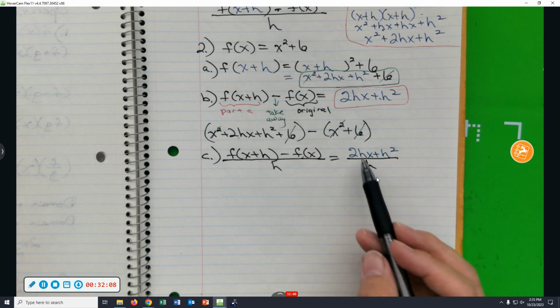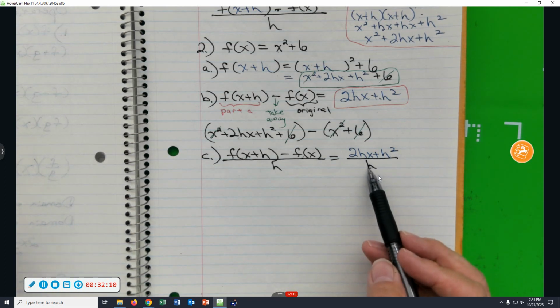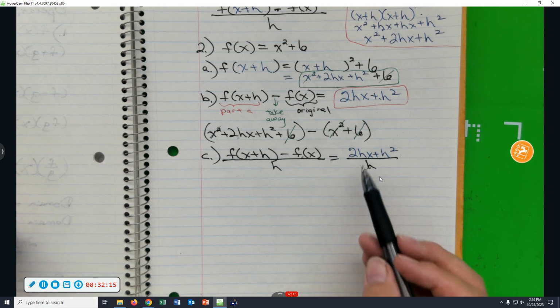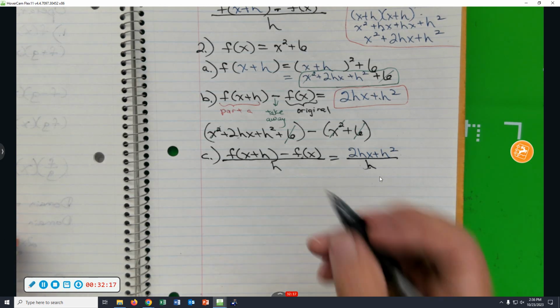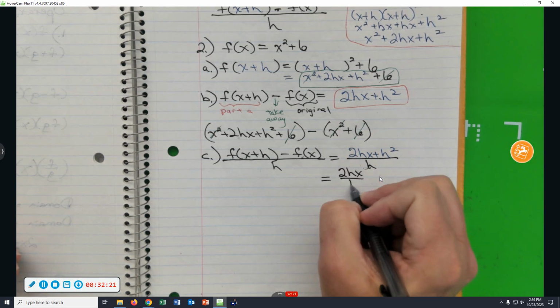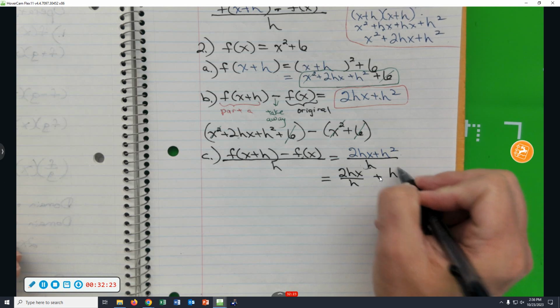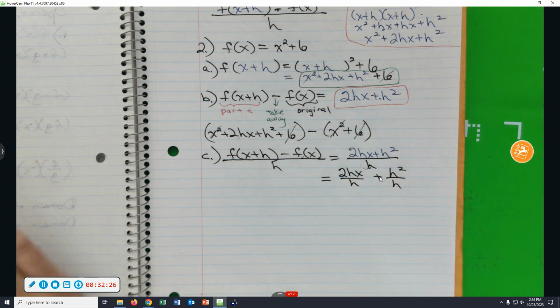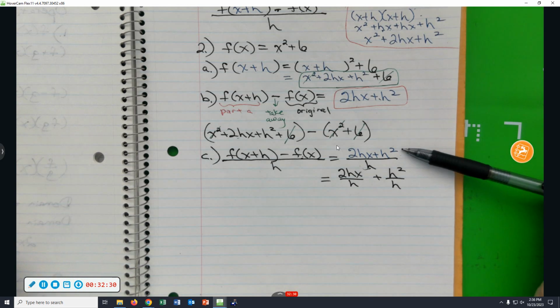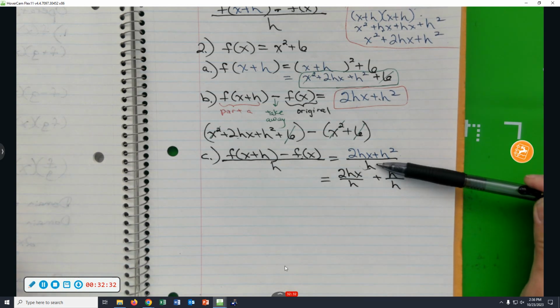If you have a sum or difference being divided by a monomial, the quickest and easiest way to simplify is just split up. We're going to split it up so it's 2hx all over h plus h squared over h. I remember doing that with complex numbers when you had a complex number all divided by a real number.